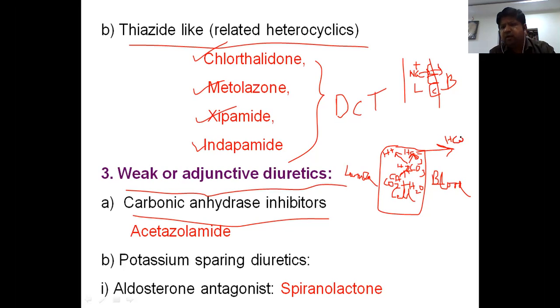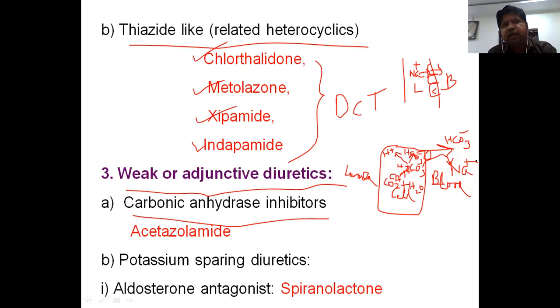What is the connection with diuresis here? The point of matter is that when HCO3 is absorbed, it is absorbed along with sodium. Sodium also gets absorbed along with HCO3. The problem here is that in hypertension, in edema, in congestive heart failure, there are many conditions where sodium accumulation leads to water accumulation, because both are connected.